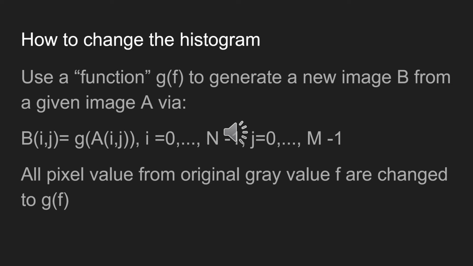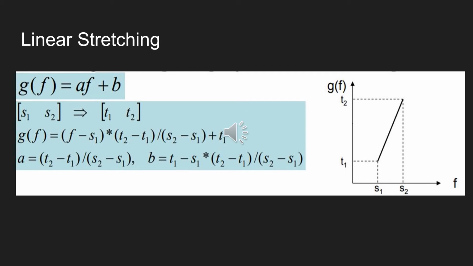To change the histogram, we'll apply a mapping function g of f to all the pixel values of the original image A. So b of i, j is the new pixel value after applying the transformation g of f to the corresponding image A of i, j. One technique to change the histogram is to apply a linear mapping function of type af plus b.